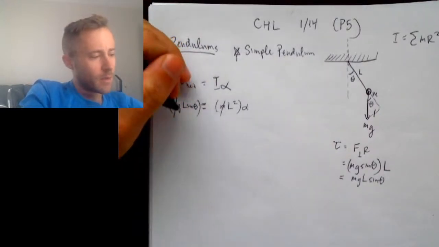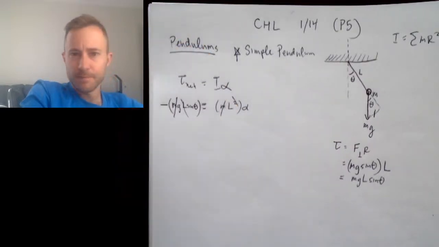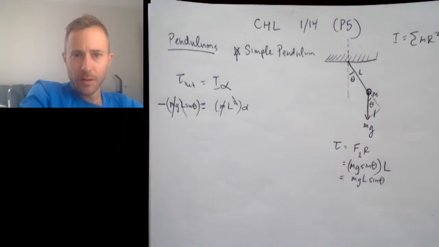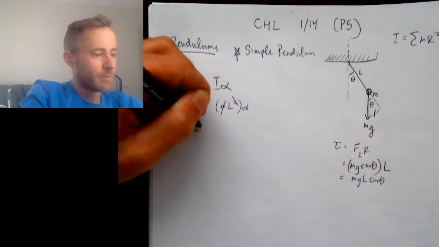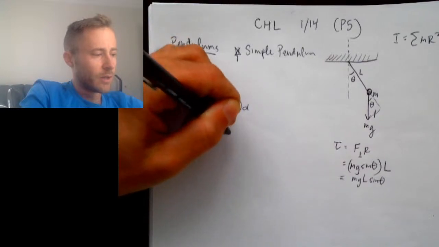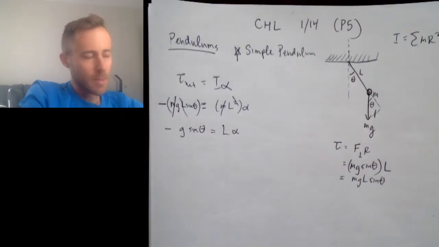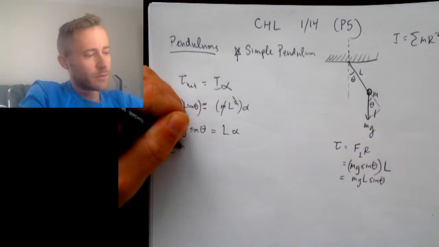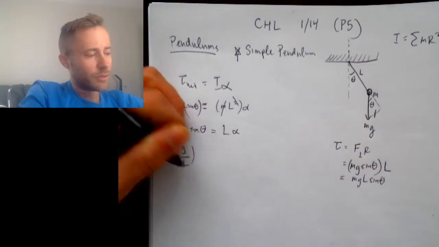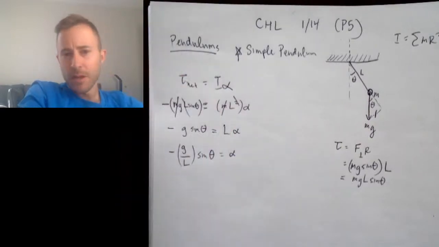Furthermore, one factor of L is going to cancel. So we have negative g sine theta equals L times alpha. Dividing both sides by L, I get negative g over L sine theta equals alpha.